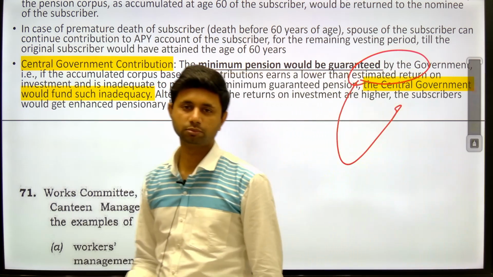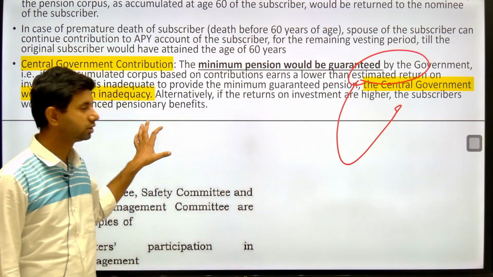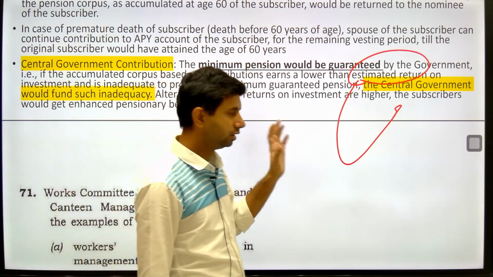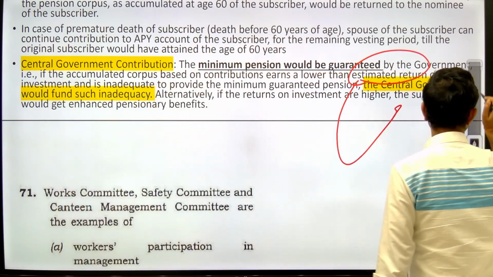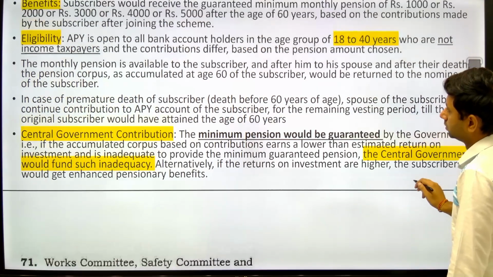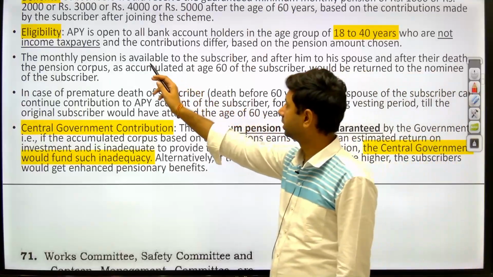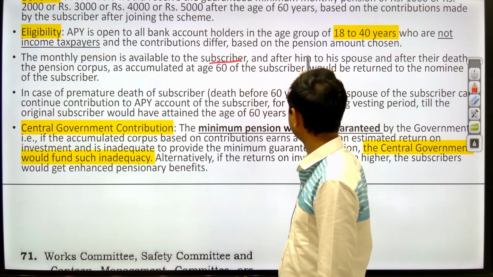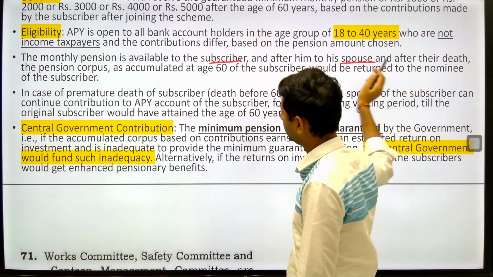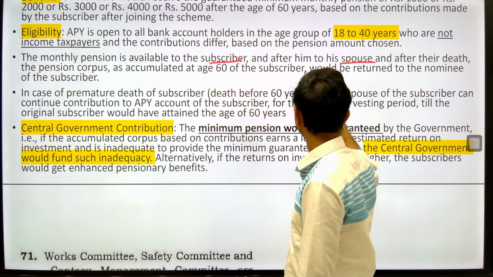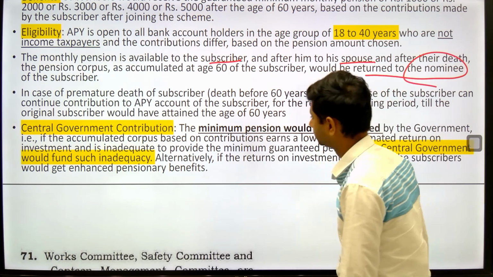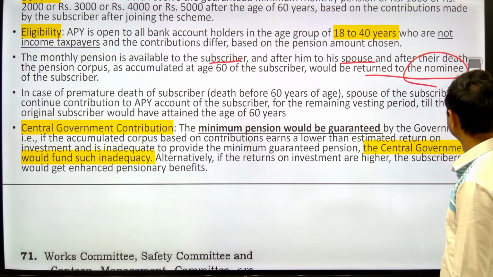Any advocacy will be provided by the central government. So this is the only contribution by the central government under Atal Pension Yojana. Okay, and as you can see, monthly pension is available to the subscriber, after him to his spouse, and after both their deaths it will be returned to the nominee. So I hope this is clear.